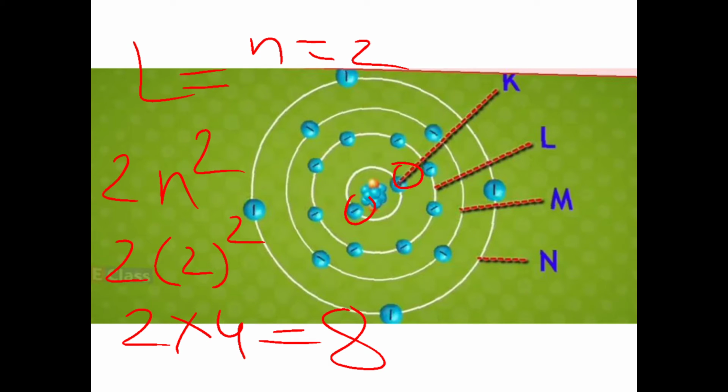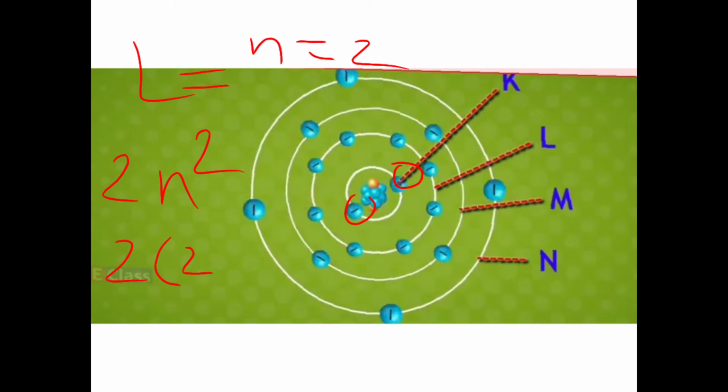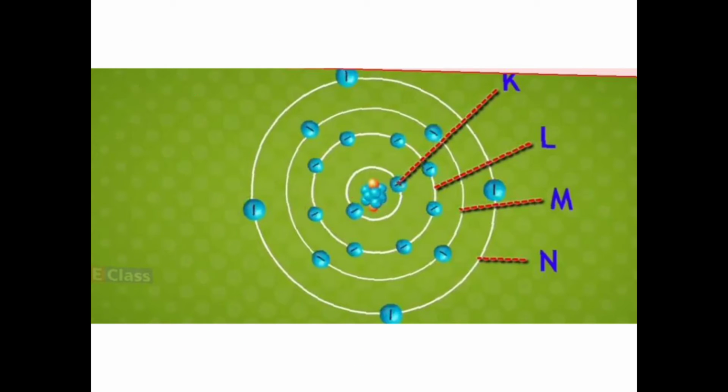So how many electrons will be there in the L shell? In the L shell we have 8 electrons. You can count the number of electrons in the L shell which is given here, and you will observe that there are 8 electrons. 1, 2, 3, 4, 5, 6, 7, 8. So there are 8 electrons in the L shell.